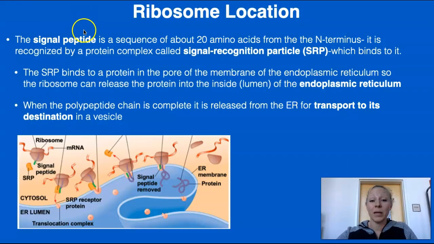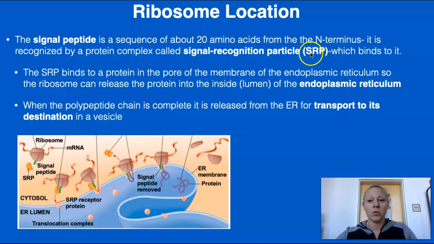The signal peptide is a sequence about 20 amino acids from the N-terminus, and it is recognized by a complex of proteins called a signal recognition particle, an SRP.